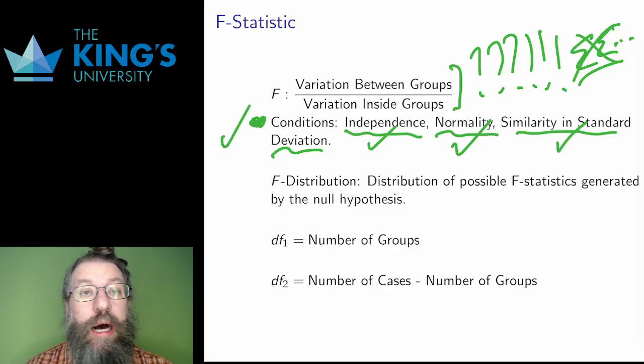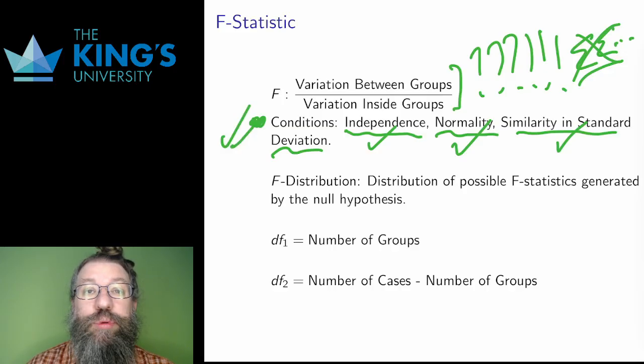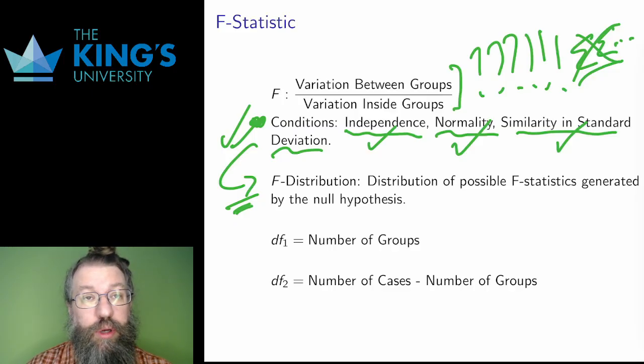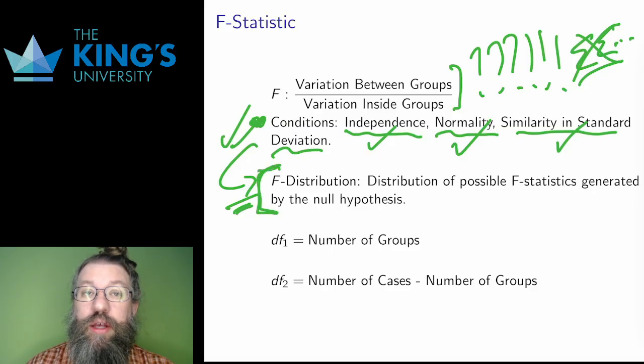All right, I have conditions. And as with all of the hypothesis testing, conditions met means that data randomly generated by the null hypothesis will make a predictable sampling distribution. And this sampling distribution can be used to get a p-value for our test statistic. The mathematics here produces something called an F distribution.